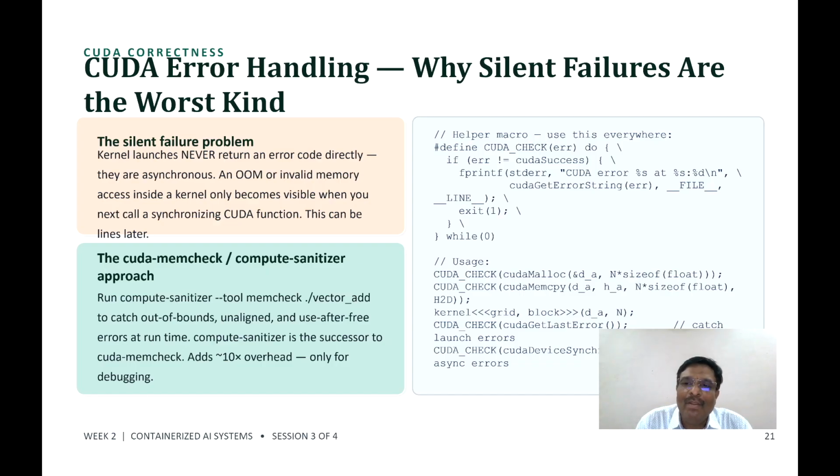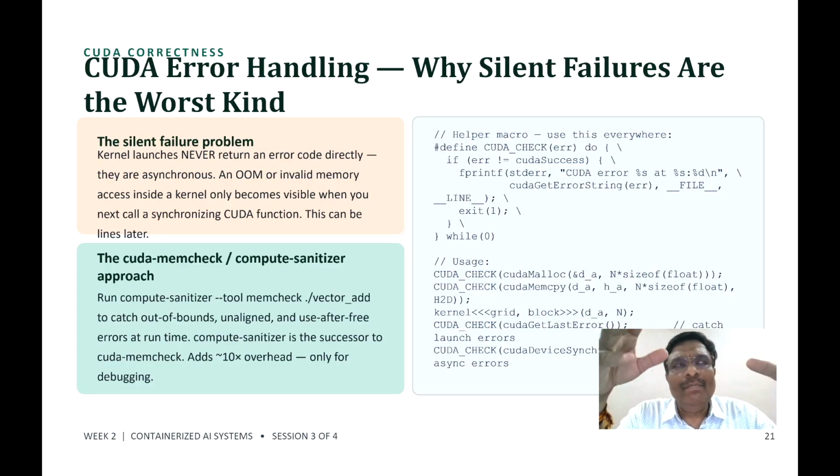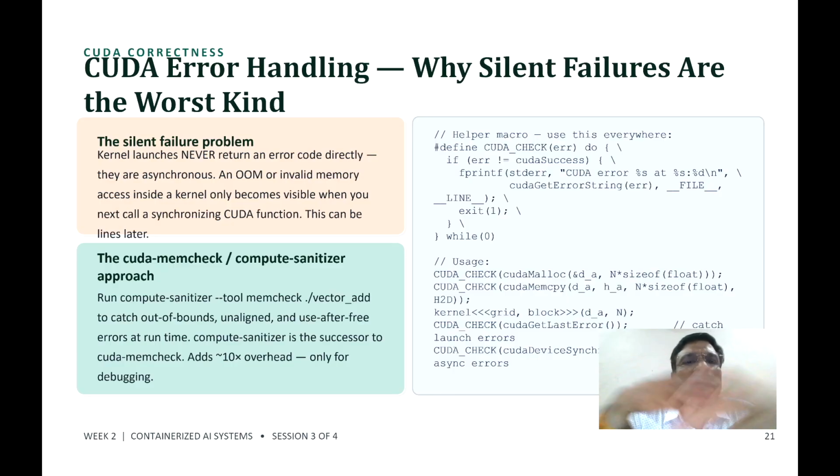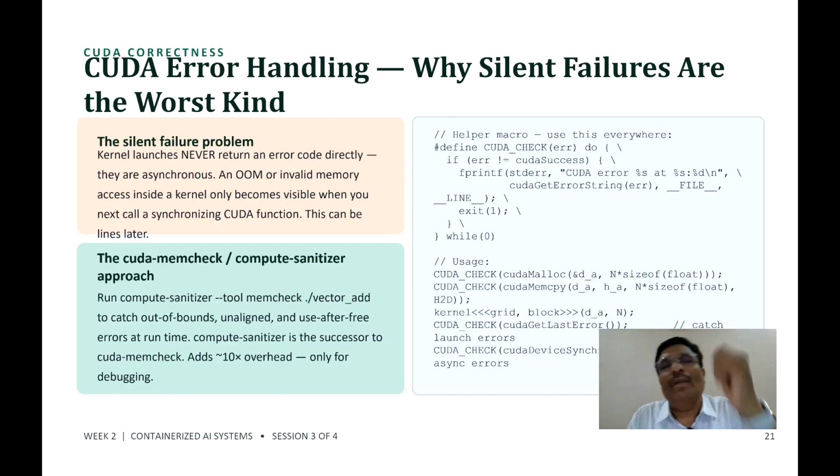So the essence of this slide is that we need to understand the launch errors, and we also need to understand the async errors because we are doing synchronization. These are problems which you will encounter when you develop your applications in the other chapters and units as well.